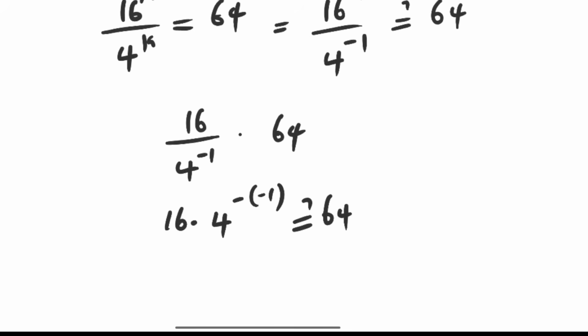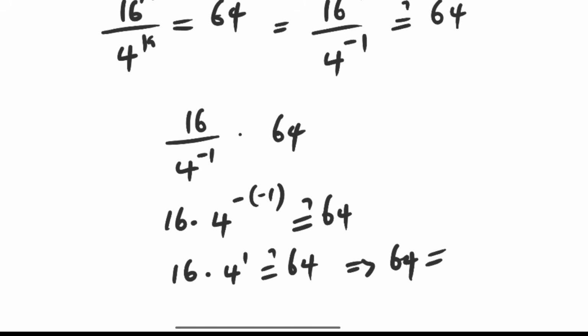Then here we have 16 multiplied by minus times minus 1, that is 1. We have 4 raised to power 1 must be equal to 64. And of course 16 times 4 raised to power 1 is 4. Then this is 64 is equal to 64, which is true.